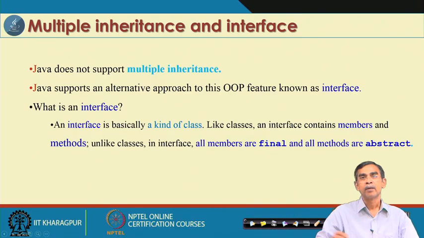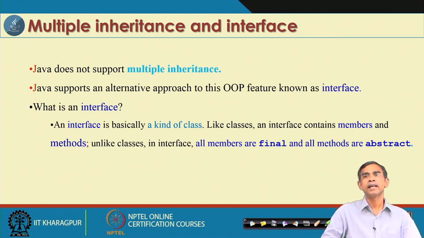Now, let us have a full concept of multiple inheritance and the interface. As I told you, an interface is basically very similar to a class, more specifically to an abstract class. This means that like classes, an interface can contain members and methods. However, the difference between the class and interface is that in case of interface, all members are final and all methods are abstract.